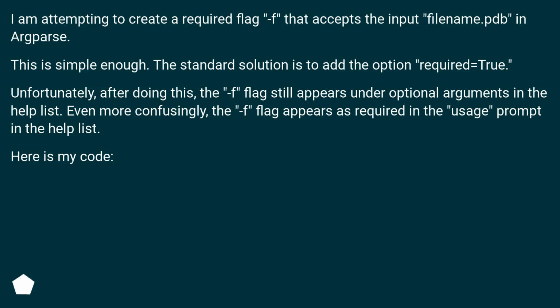Unfortunately, after doing this, the -f flag still appears under optional arguments in the help list. Even more confusingly, the -f flag appears as required in the usage prompt. Here is my code.